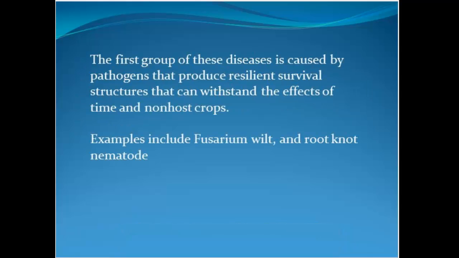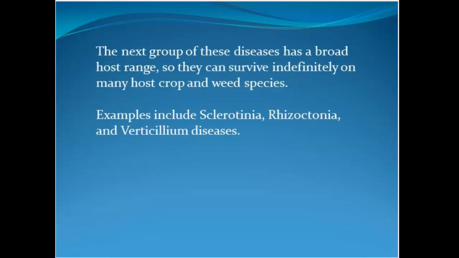The first group of these diseases is caused by pathogens that are able to produce very resilient survival structures, and they can withstand very long periods of time without any host crop being present. Examples of these types of diseases where crop rotation is likely of minimal impact would include things like Fusarium wilt and root knot nematode.